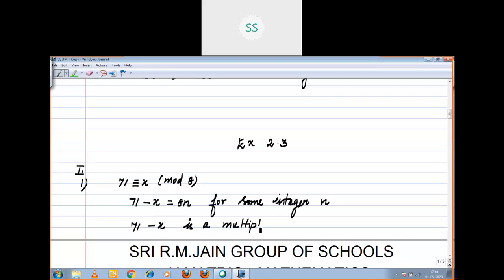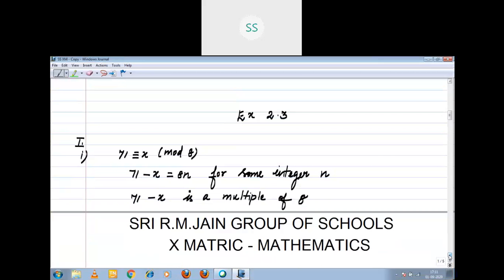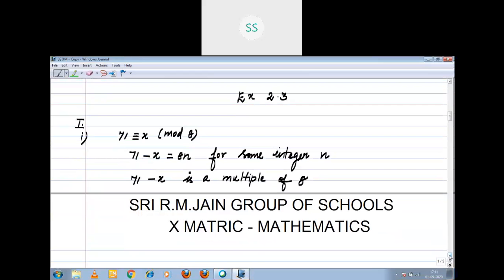Is a multiple of 8. And one more thing we said, it is divisible, right? When it is divisible, at what value of x is it divisible? Any idea? The least positive value of x must be what?